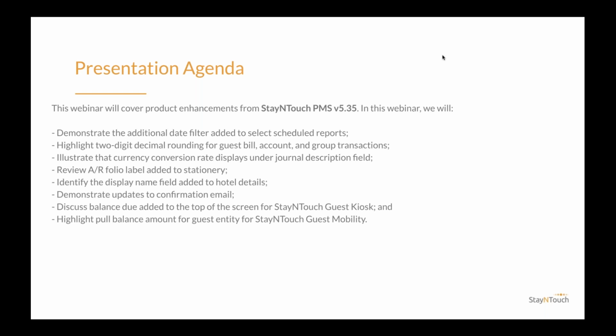In this webinar, we will demonstrate the additional date filter added to select scheduled reports, highlight 2-digit decimal rounding for guest bill, account, and group transactions, illustrate that currency conversion rate displays under journal description field, review AR folio label added to stationery, identify the display name field added to hotel details, demonstrate updates to the confirmation email, discuss balance due added to the top of the screen for StayNTouch guest kiosk, and finally, highlight pooled balance amount for guest entity for StayNTouch guest mobility.